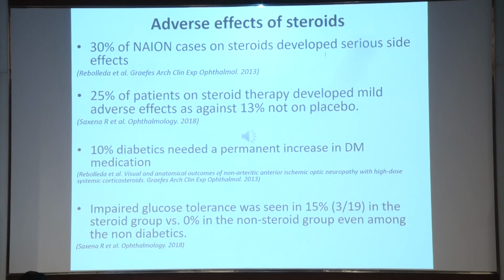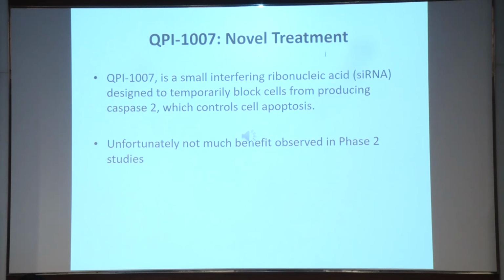Then there are adverse effects of steroids also, which are reported in these cases, and therefore they should be used only with caution wherever indicated. A novel treatment in the form of this particular molecule, QPI-1007, an siRNA, has been tried, but no much benefit has been observed in phase 2 studies, and therefore the entire multicentric study was discontinued.